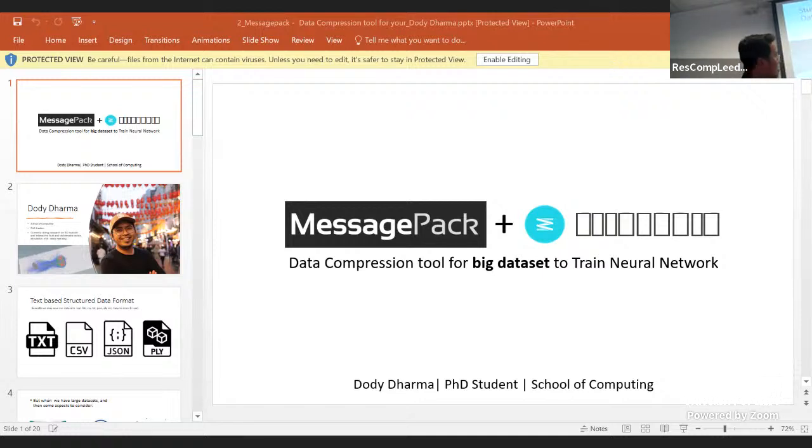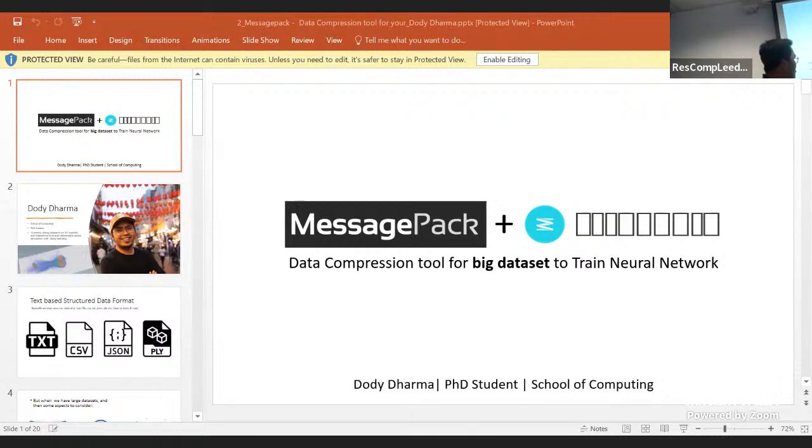So what we do here, we transform the data into a binary format. So the same data, like in JSON or in an associative array in NumPy, for example, but we store it in binary format. We use a tool called MessagePack.